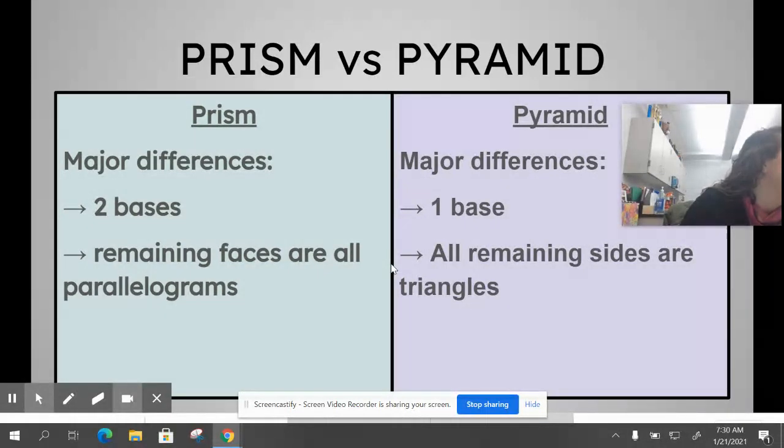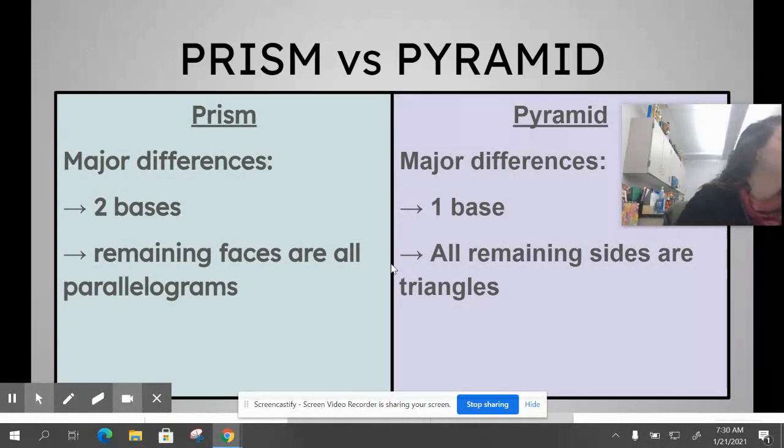So let me show you what I mean. We have a pyramid here. Our base is a square, so that makes this a square pyramid. Now, all of the rest of the faces of this pyramid are all triangles.